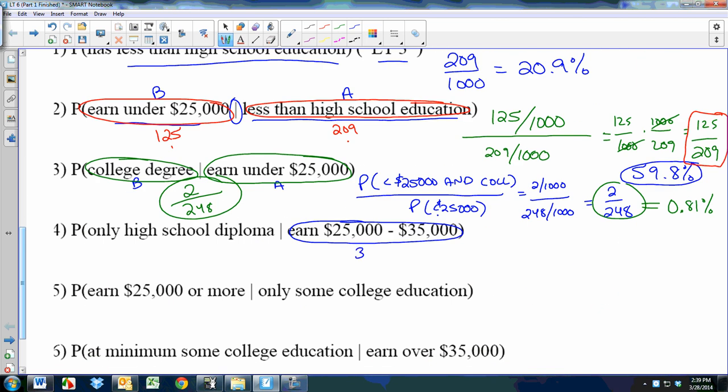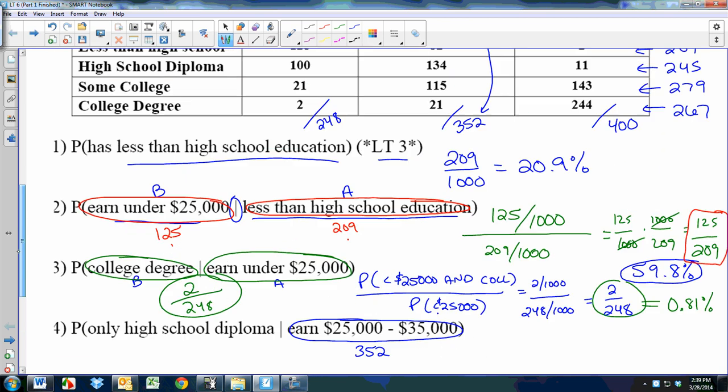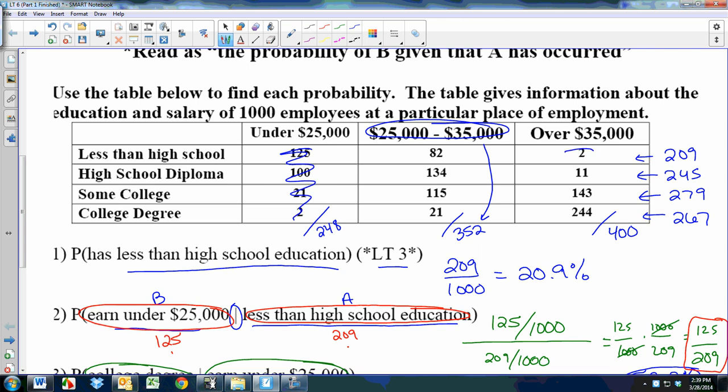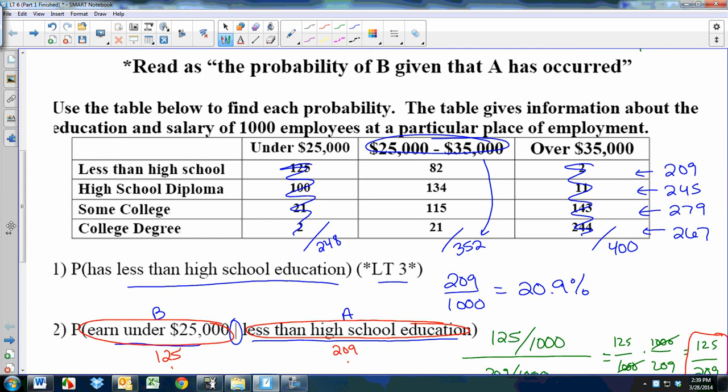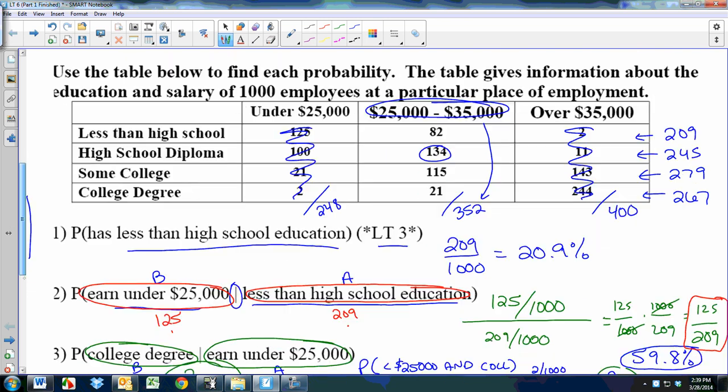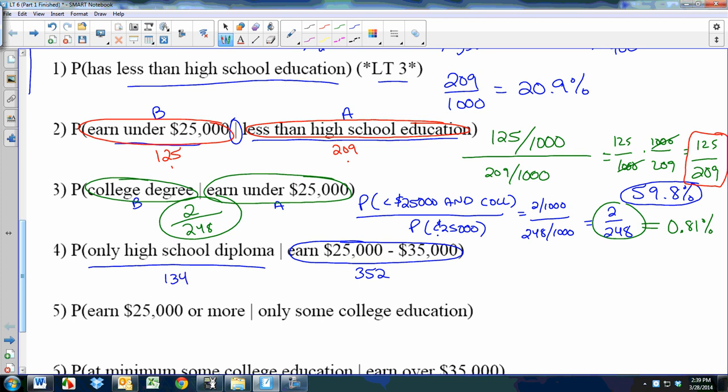Of those people and only those people, which means you're no longer looking at any of those numbers, how many of them only have a high school diploma? That would be 134. So 134 out of 352, which is about 38.1%.